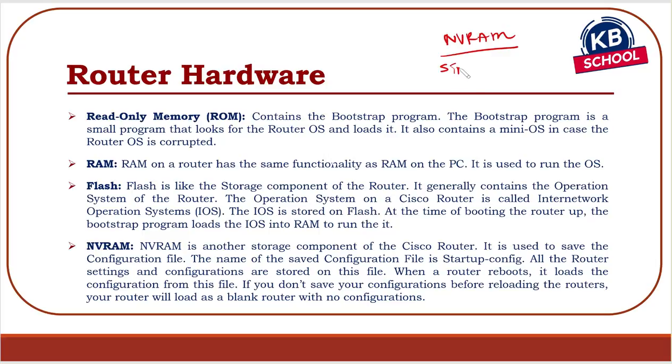Looks for the file called startup config. Finds it, loads it up into your RAM. As the administrator, you work with the file in RAM. The file, when the startup config file is loaded into memory, it's called the running config.